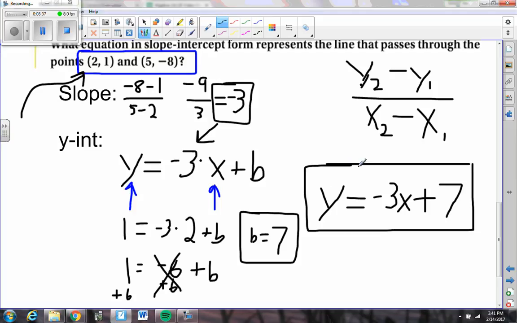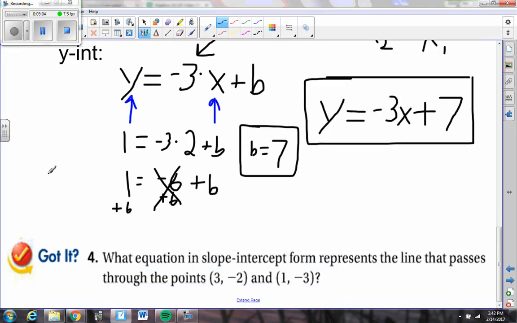Y equals -3x plus 7. So this is an equation in y equals mx plus b slope-intercept form that goes through these 2 points. My first step was to find the slope. My second step was to find the y-intercept using the slope and one of the 2 points that I already knew. It's a little bit more involved process, takes a little bit more time.